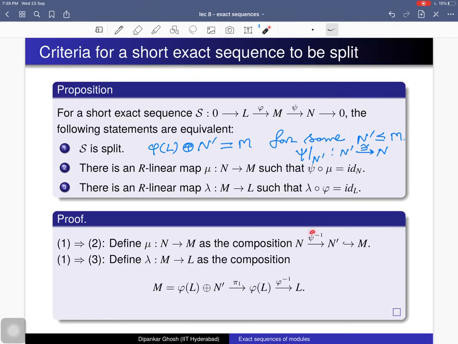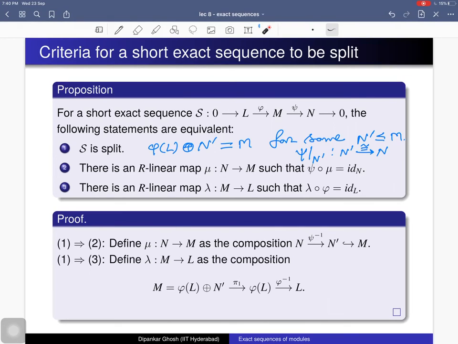So, the inverse of psi, starting from N to N prime, makes sense, and then you compose that inverse with the inclusion map, because N prime is a submodule of M. So, you can have a map from N to M, and by construction it is easy to verify that psi compose mu is just the identity map on N, because mu is just the composition of psi inverse and this inclusion map.